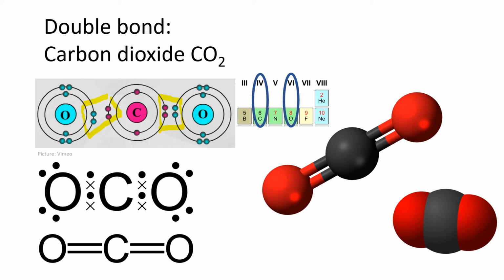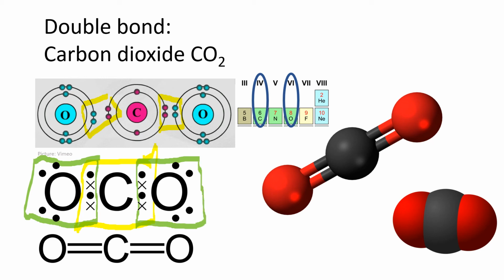All 4 of these electrons are counted in both the carbon octet and the oxygen octet, so that both atoms are considered to obey the Octet Rule.